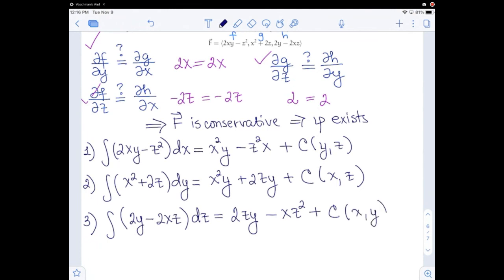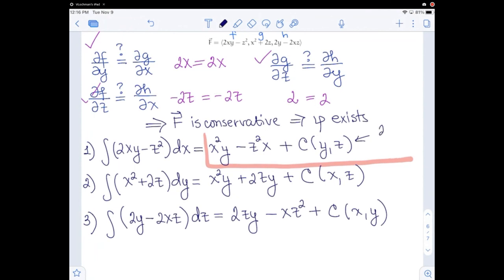Now if you carefully inspect, you'll see what's going to happen here. Let me look at this first part right here. What is this function c of y and z? That's just 2zy. And then if we take a look at the next one, x squared y plus 2zy plus c of x and z, what is this function?